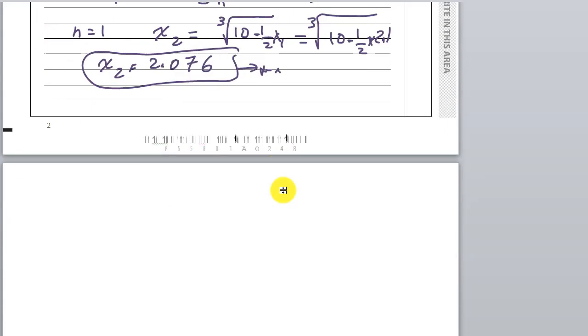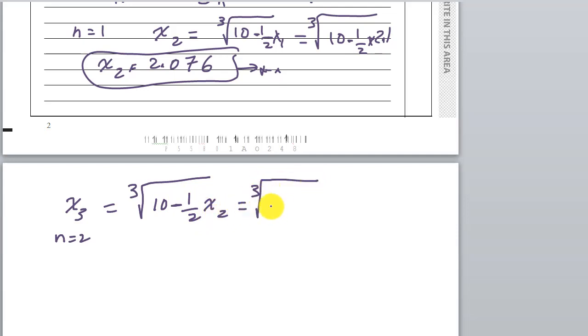Now x3, when n equals 2. So x3 is equal to the cube root of 10 minus half x2.